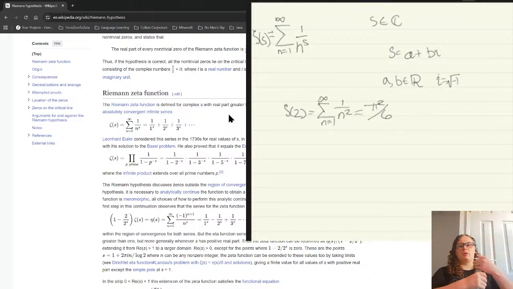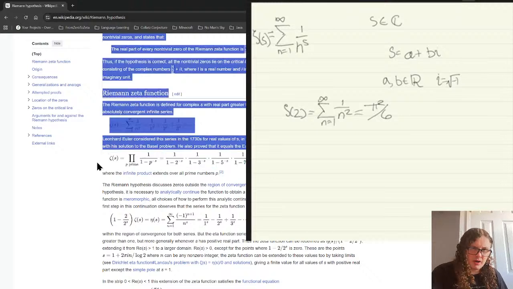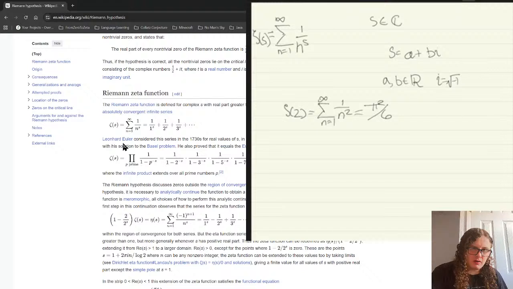Now we also have that zeta of s is the product of 1 minus p to the negative s power, over primes p, inverted.